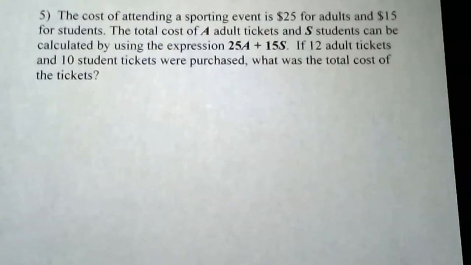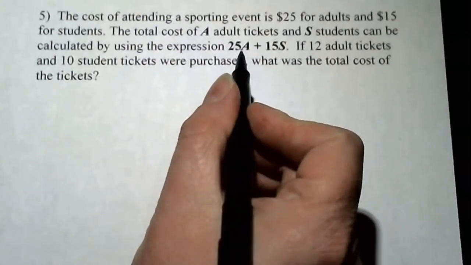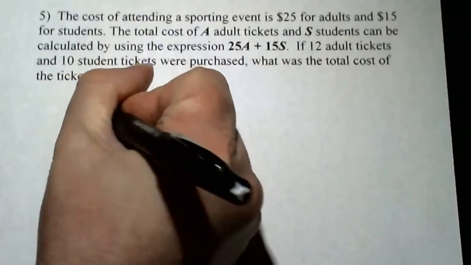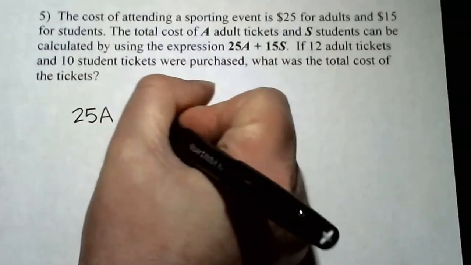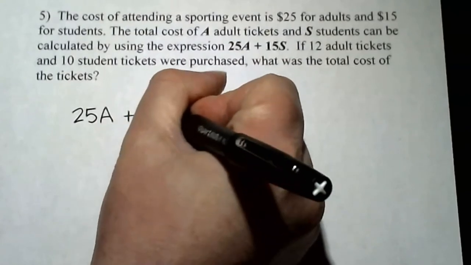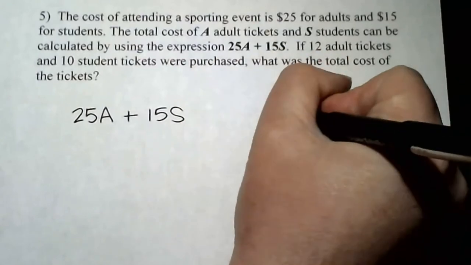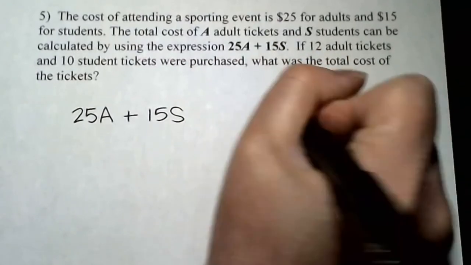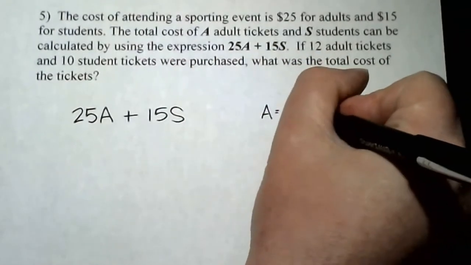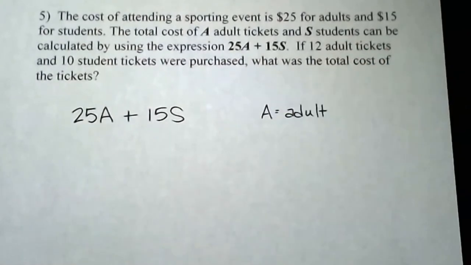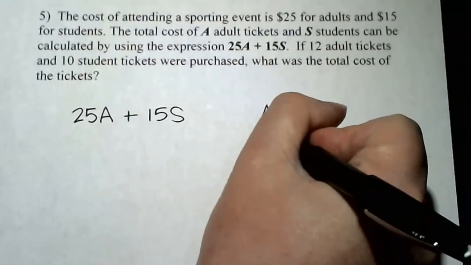So in a problem like this, they're giving you an expression to work with off the bat. So I'm going to pull this out, write it down, and I'm going to write off to the side what each of these represents. A is the adult tickets, and S is the student tickets.